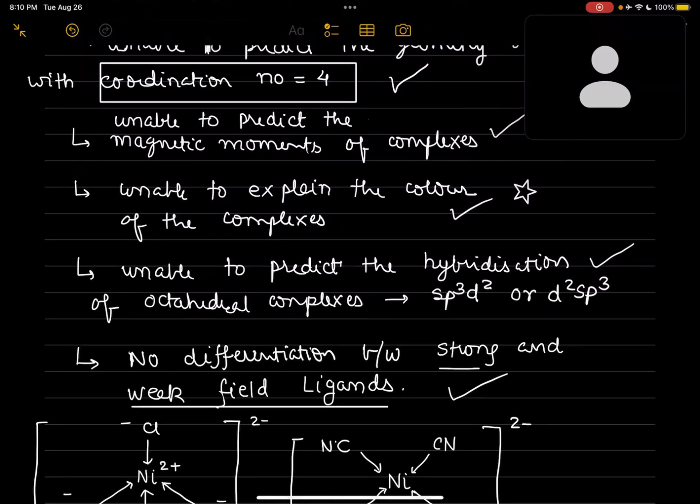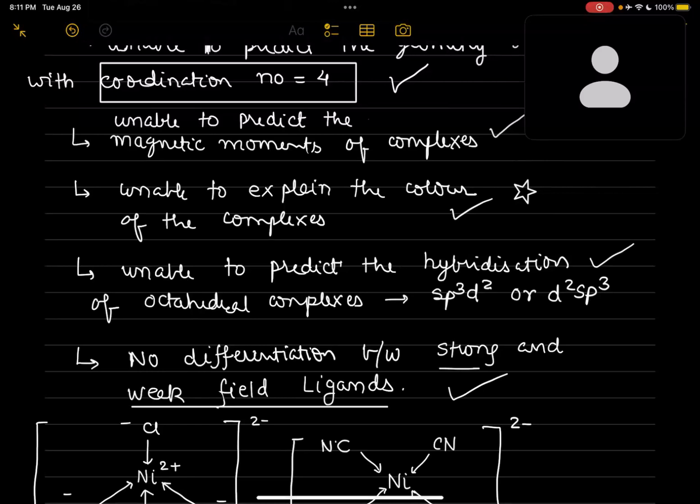And until and unless you know that, you will not be able to successfully predict the electronic configuration of the ions. Got it? Is it clear?